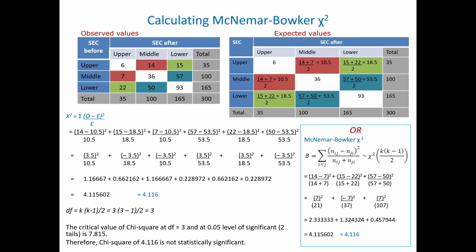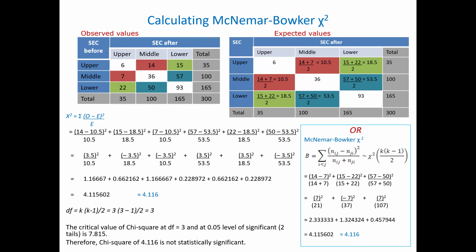So the expected value in the second table is 10.5 for both of them. The other pair of discordant cells, 22 and 15, together divided by 2 gives 18.5, 18.5. The last one is 50 and 57; when you add them together and divide by 2, it gives you 53.5, 53.5. So those are the expected values.